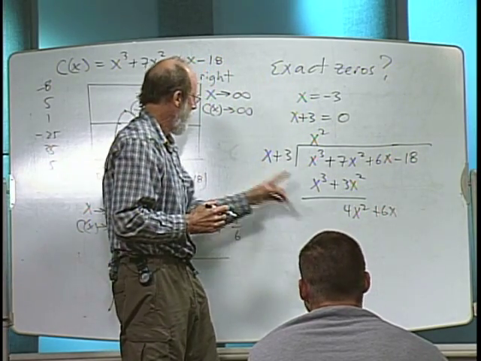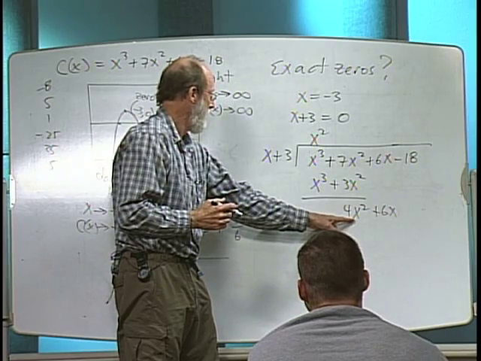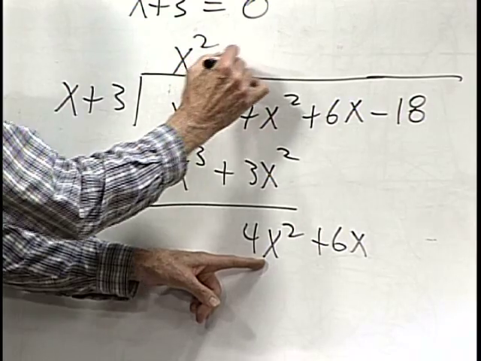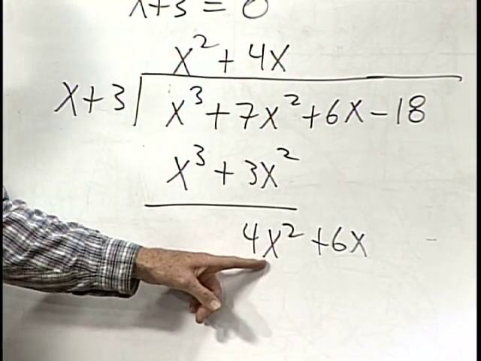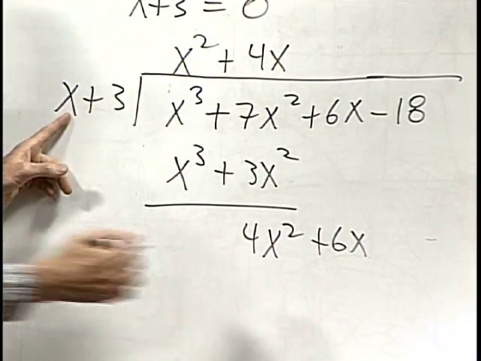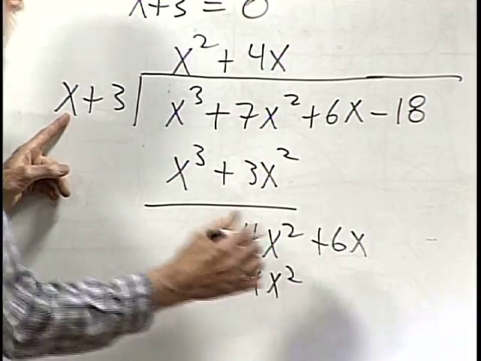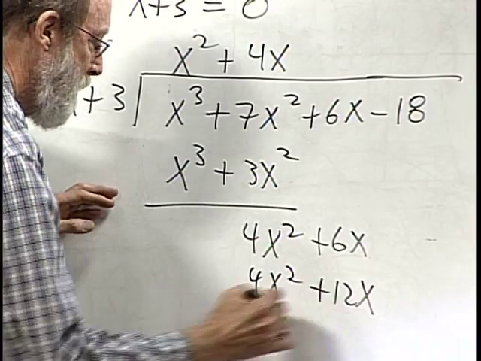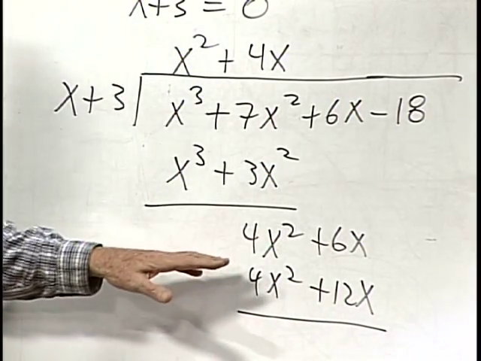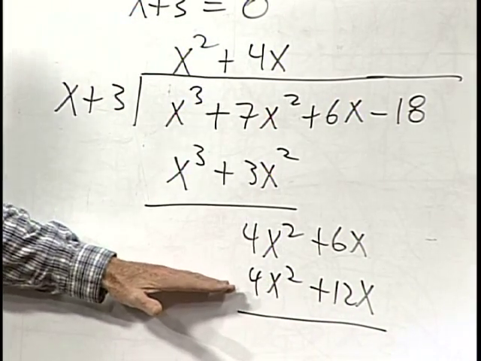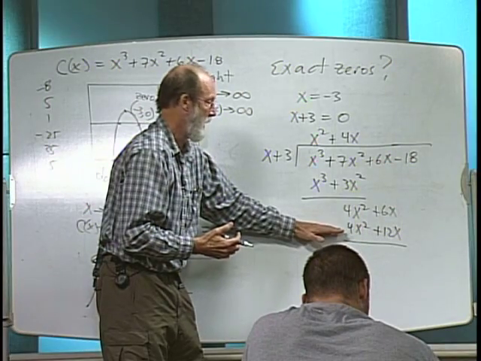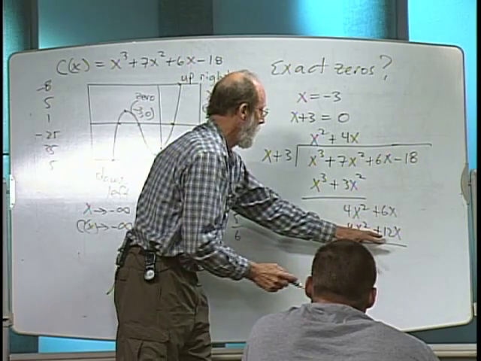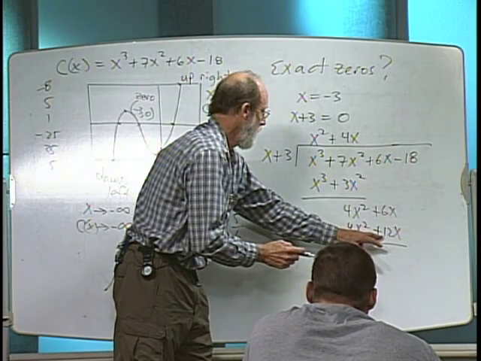And now x goes into 4x squared how many times? 4x times. So we get now 4x squared plus 12x. We mentally subtract this stuff where my hand is. So we lose the 4x squareds. This becomes a negative, right?